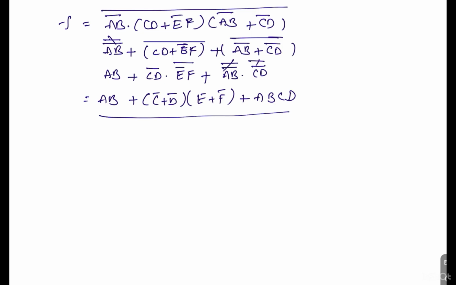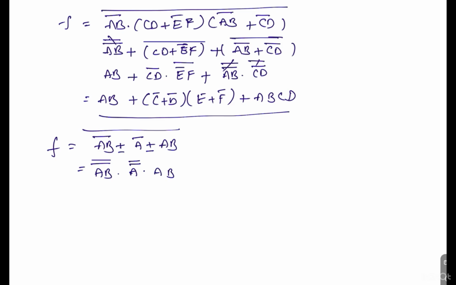So if we take one more example like f is equal to (ab bar + a bar + ab), and we need to simplify this using De Morgan's theorem. So this plus will become dot and this plus will become dot, and this whole bar will be divided. So this can be written as (ab bar) whole bar and then (a bar) whole bar dot ab bar.